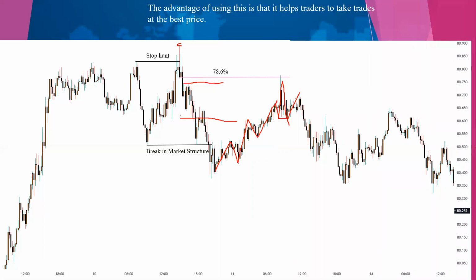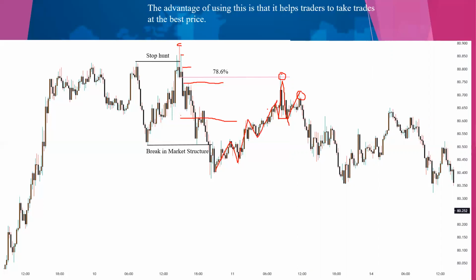So in our first lesson, this is where we would have gotten our entry, right? And then adding this one to it, this is where we can get our entry, right? And our stop loss will be somewhere here or even here, right? So this is how the discount and premium is complementing our market structure, giving us a precise kind of entry.